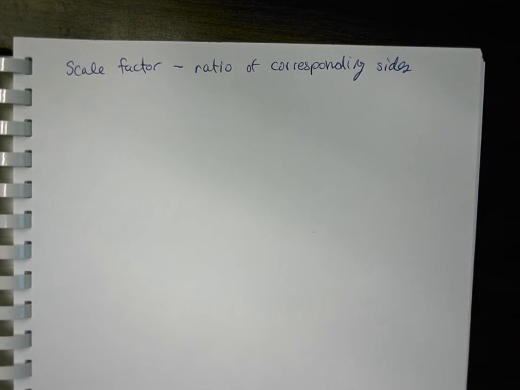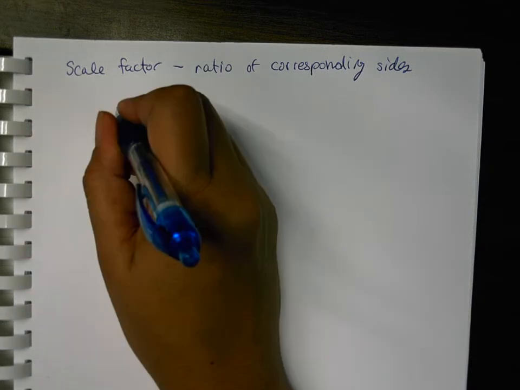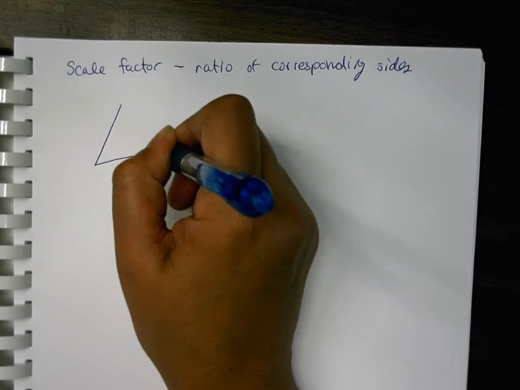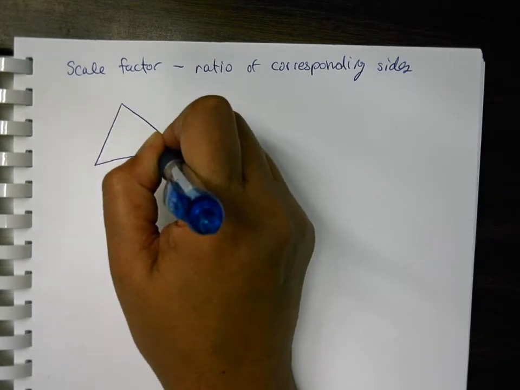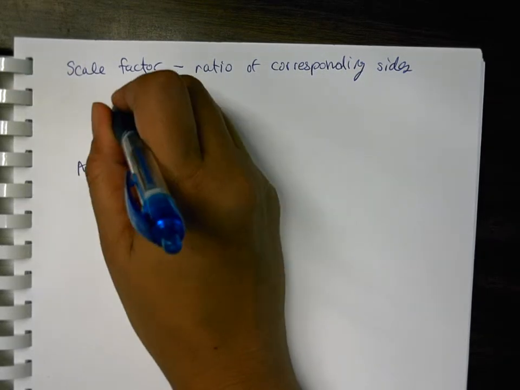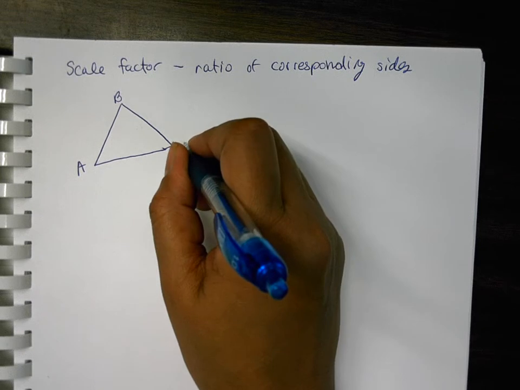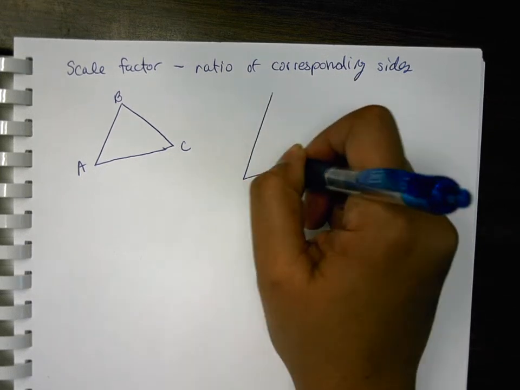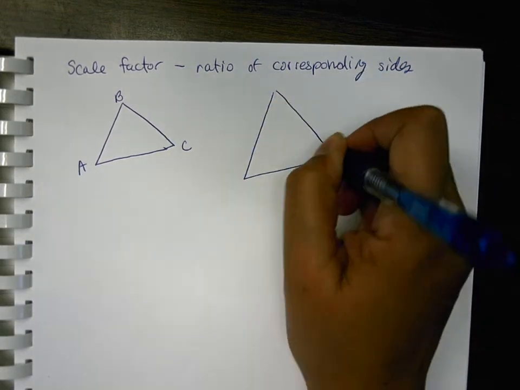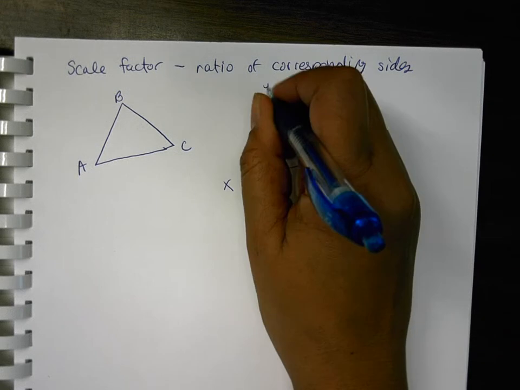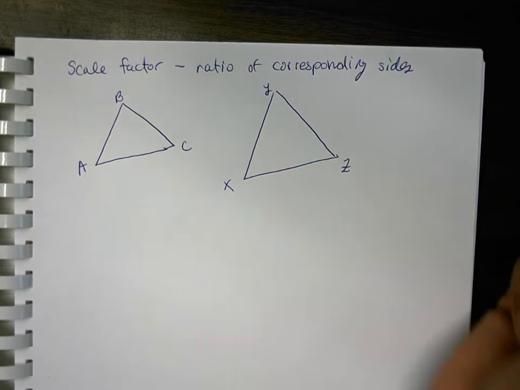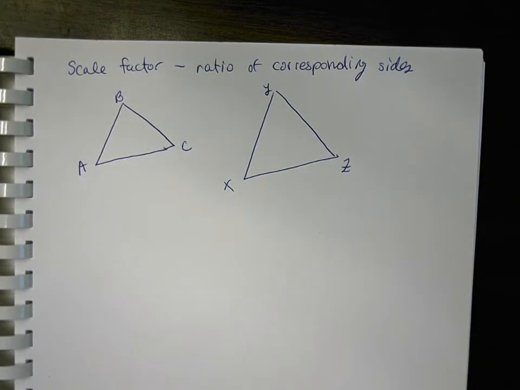All right. So I'm going to draw two triangles. A, B, C, X, Y, Z, and I'm going to label sides.